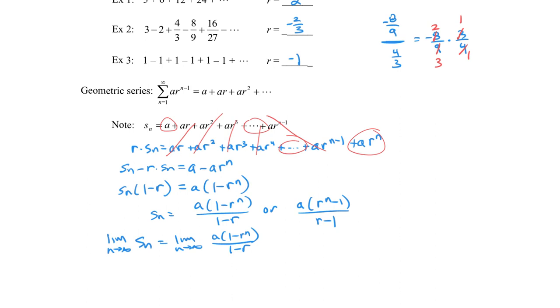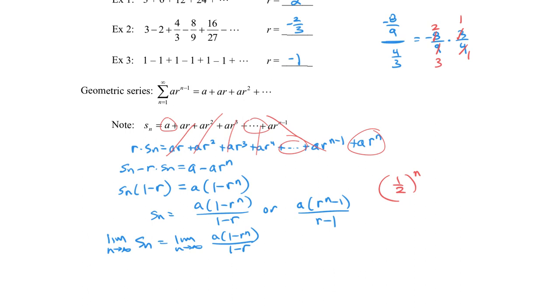And now we have to think about what would happen here. So R raised to the nth power. Think if R were 1/2. Okay, I'm just going to write this down on a little scrap paper here. So think if R were 1/2, and so we have 1/2 to the nth power, and n is going to infinity. So as n gets huge, well, the numerator is just going to be 1, right?